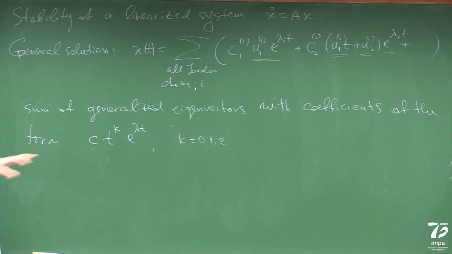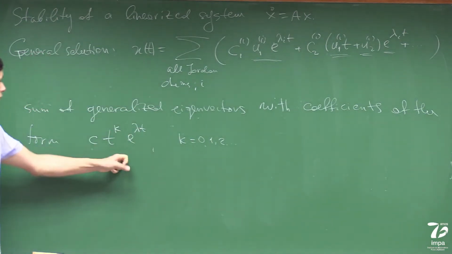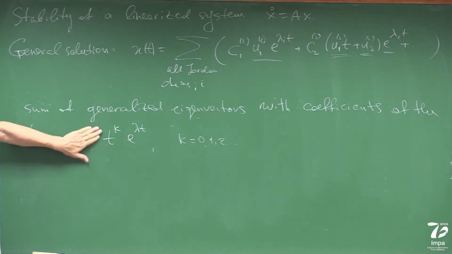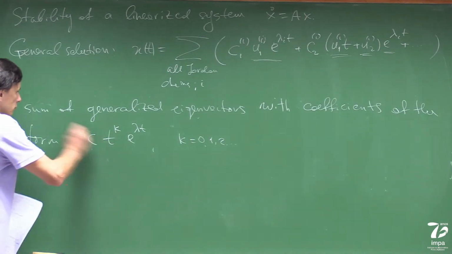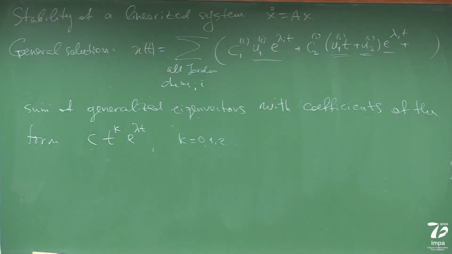So every term which you have here is of this form. The constant we can put in the vector, so with these prefactors. You agree, no?